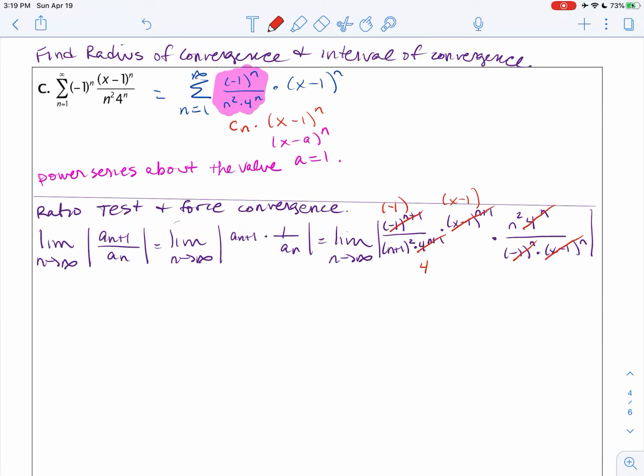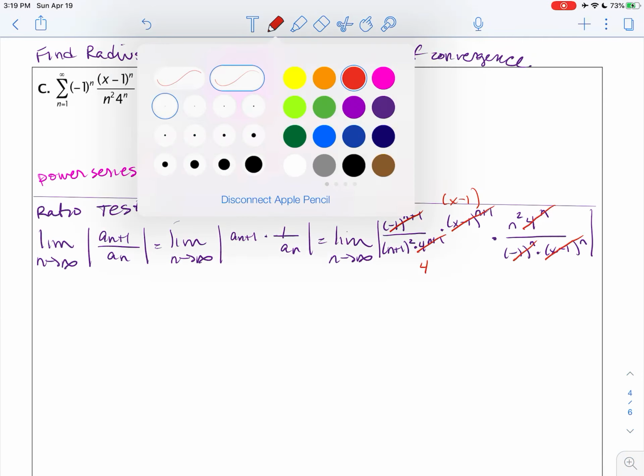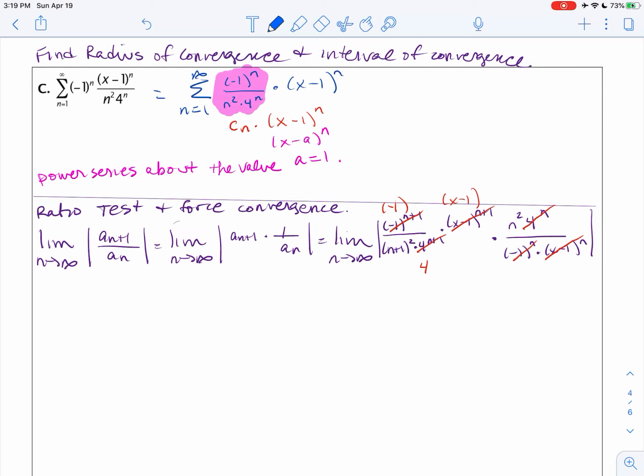And now I'm going to group all of my n expressions together and all of my constants together in my limit as n goes to infinity. And remember, when the limit as n goes to infinity, in that operation, n is the variable, which means in our expression inside the absolute value, x is actually a constant. So I'm going to group here.